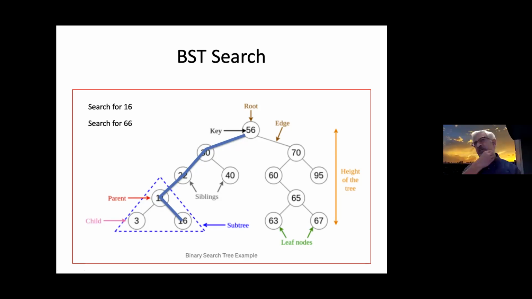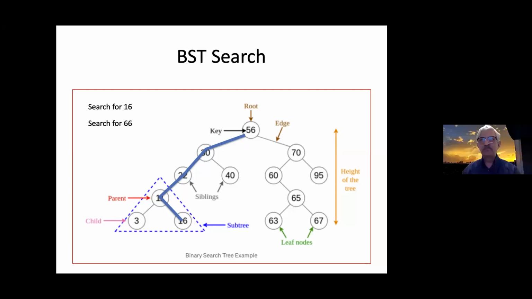Now, let's say you're searching for 66. What's the path that you're going to take? Can anyone help me? First, you go right. All right, then what? Give me the whole path. Then you go left, and then you go right, and then you go left. Or sorry, the last node is a move right.